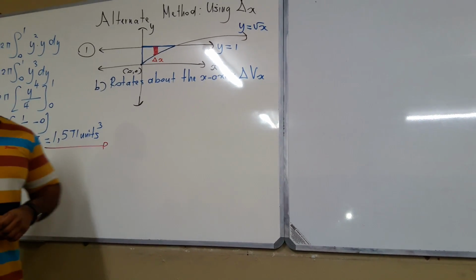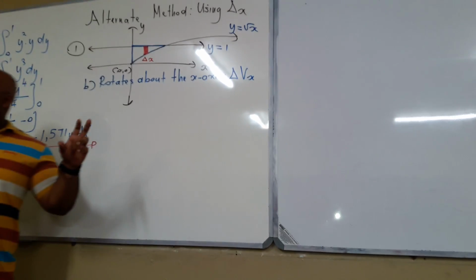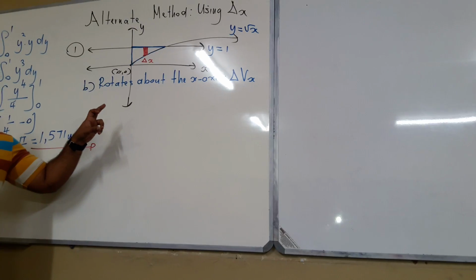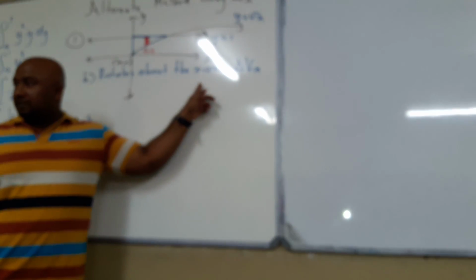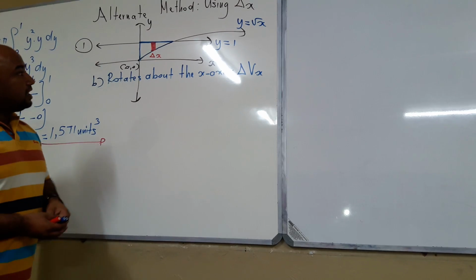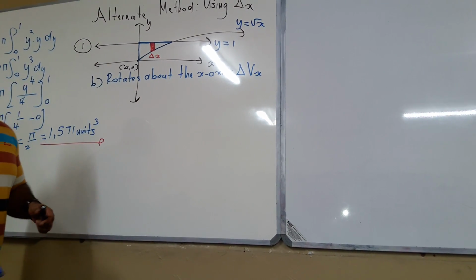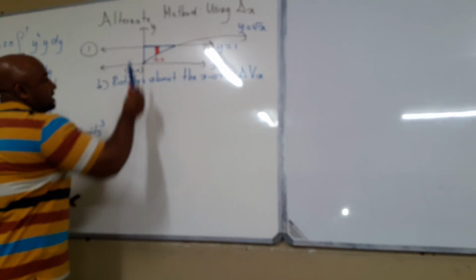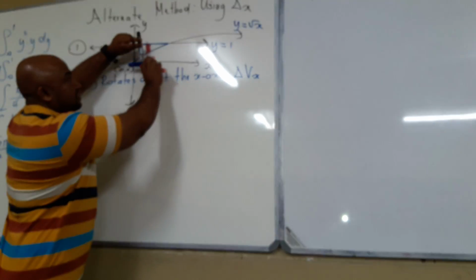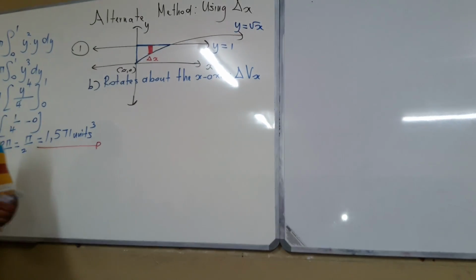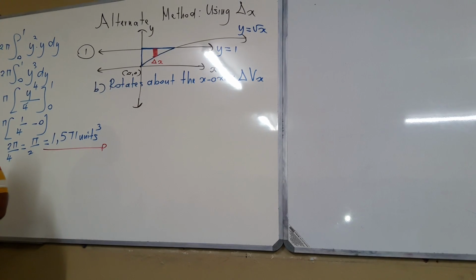So now what must we do? We need to check our representative elements. How is it related to the reference axis? Here is our representative element, and here is the reference axis. Can you see that? So, is it perpendicular or parallel?